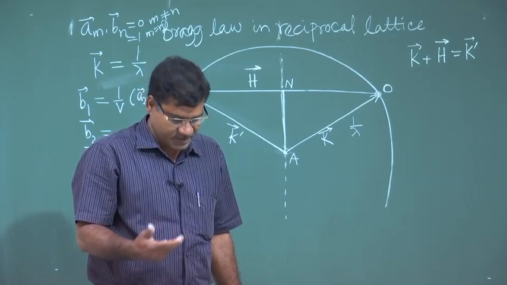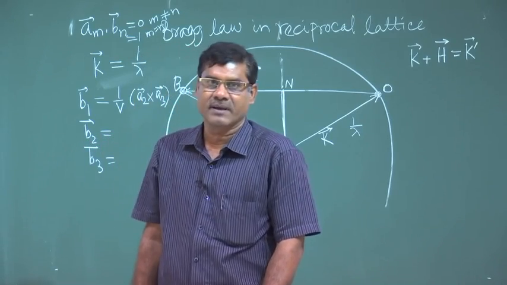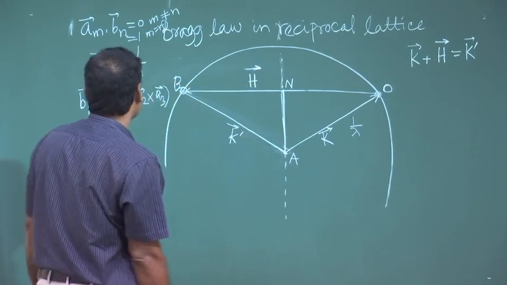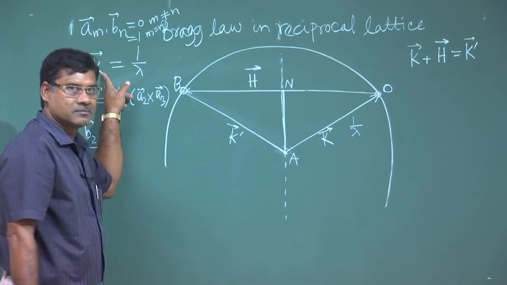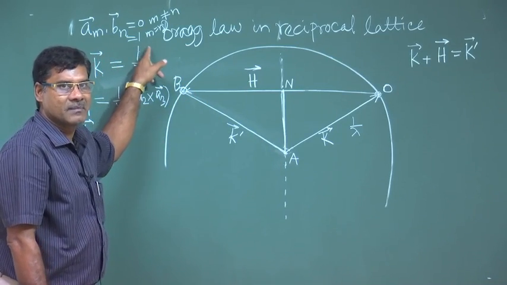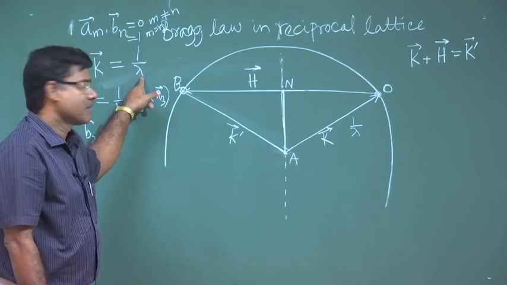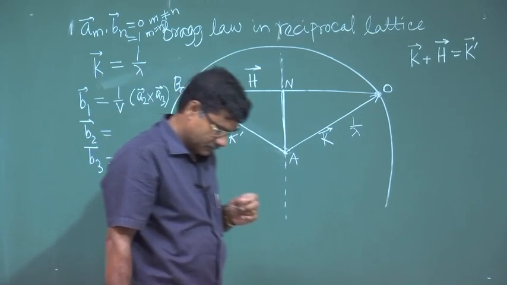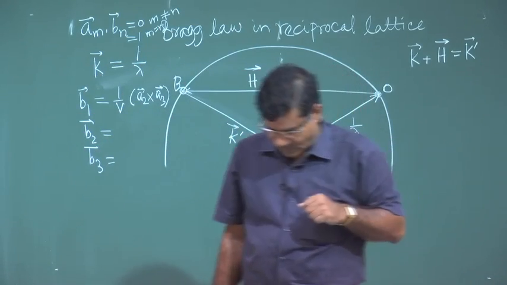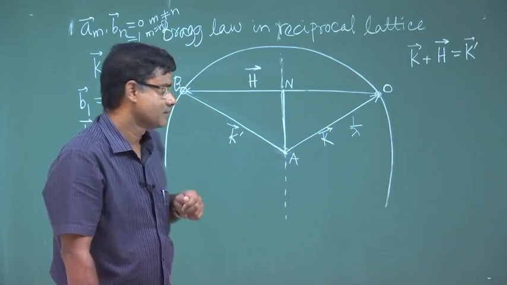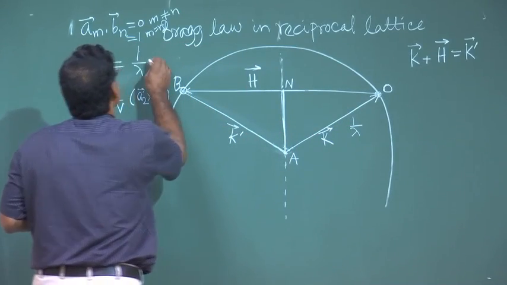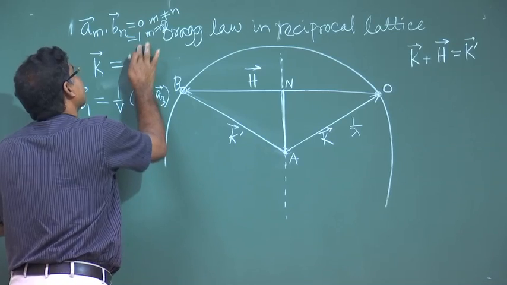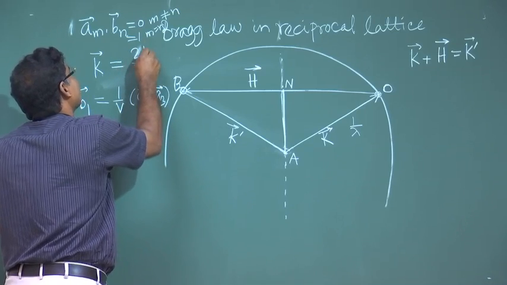Physics-wise one should take 2 pi, because here k equal to 1 by lambda, but it will be a momentum vector, or wave vector, if I write 2 pi instead of 1.